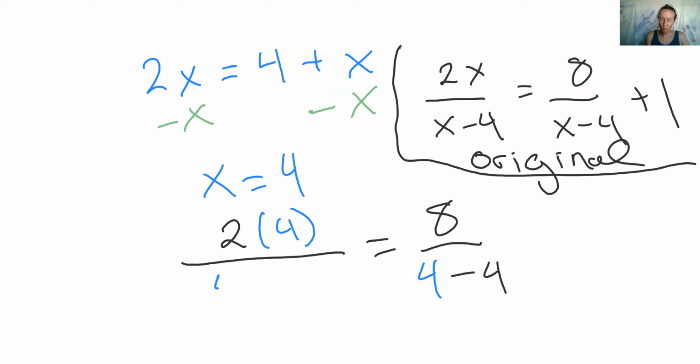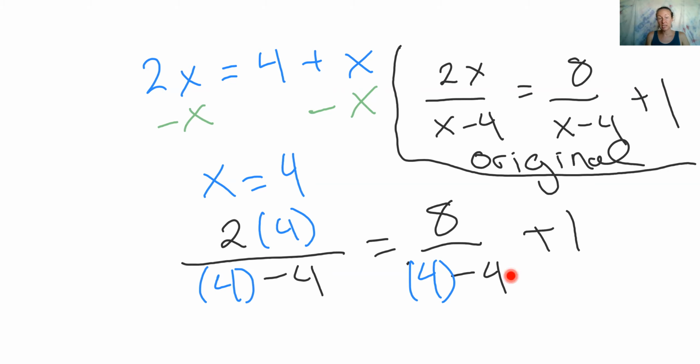There we go. The x's are in blue and in parentheses, and our original equation is in black. So we've got 4 minus 4, equals 8 over, again, 4 minus 4, because our x is 4, plus 1. You see that this denominator here is going to become 0.